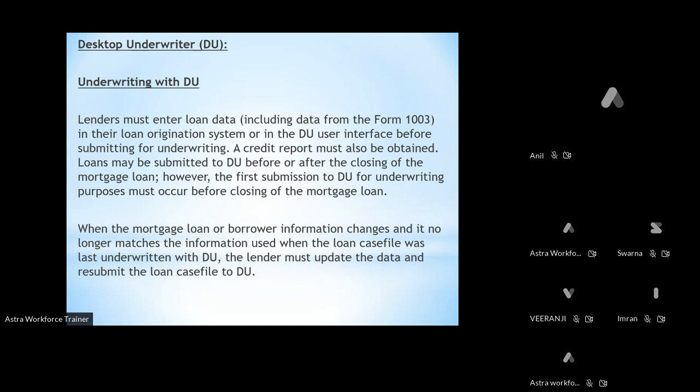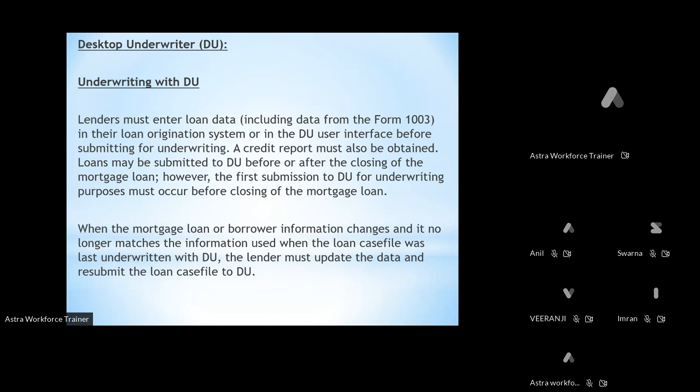Okay, underwriting with DU. That means the DU documentation, the Desktop Underwriter AUS, or AUS with LP, will also be available, right? So the AUS documentation is a kind of replica of the Fannie Mae guideline. Most of the time it will be available for the secondary marketing, not in live underwriting.